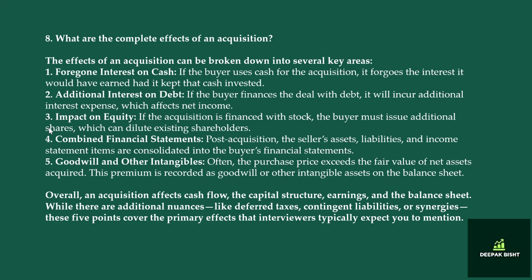Now the combined financial impact on all the statements after the acquisition. The buyer consolidates the financials of the target company into its own. This means that the revenue, expenses, assets, and liabilities of the target are now part of the buyer's financial statements, and this affects key ratios like debt ratios and investor perception.